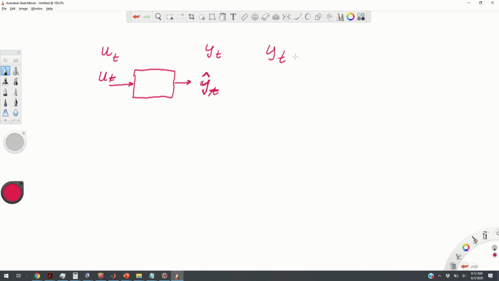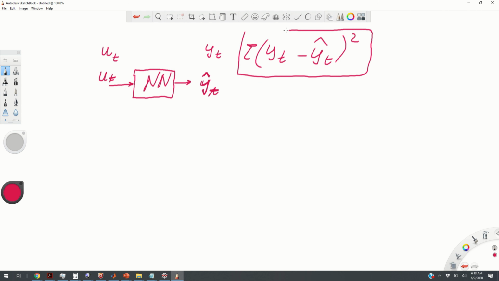So the whole procedure of training is basically minimizing this difference in some suitable norm. Using some suitable norm, we can minimize mean square error or just a least square cost function, whatever it takes.